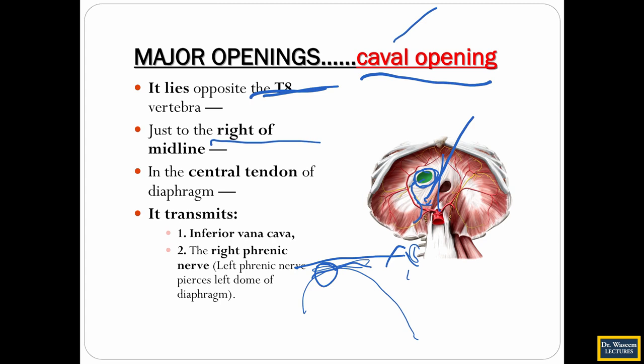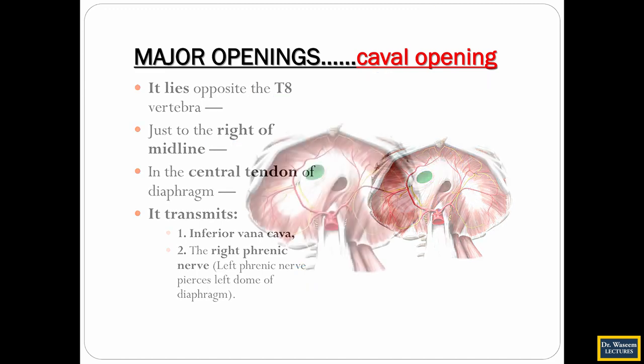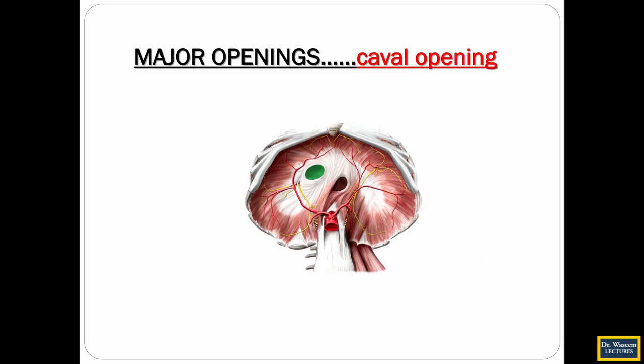About the left phrenic nerve: on the left side we don't have any big foramen, so it passes through the left dome of the diaphragm. But on the right side a big opening is already present, so simultaneously along with the inferior vena cava the right phrenic nerve can pass. So these are the three major openings.